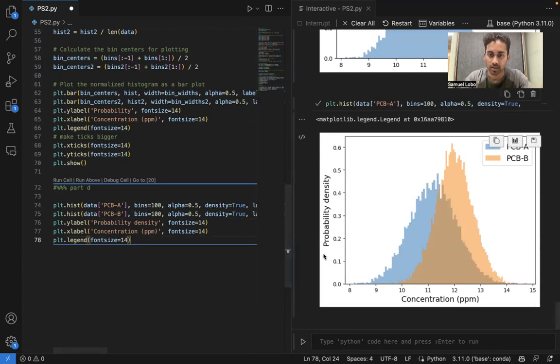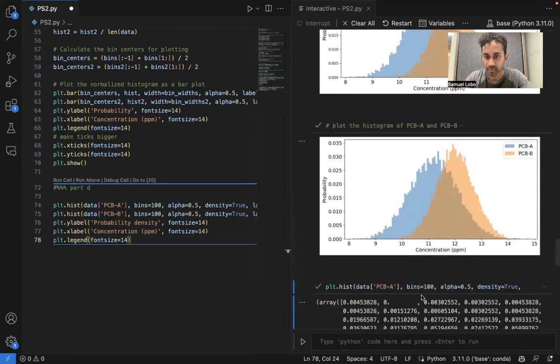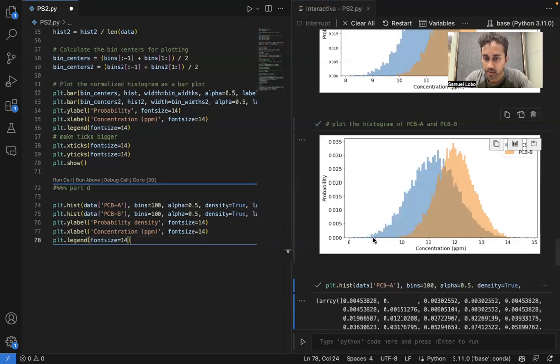And once again, to reiterate, before, back over here, we had probability. What this is saying is, if we look at this blue bin over here, there's a 0.03 probability that my concentration for PCBA is in this little bin, which is from 11.2 to 11.25 or something like that.